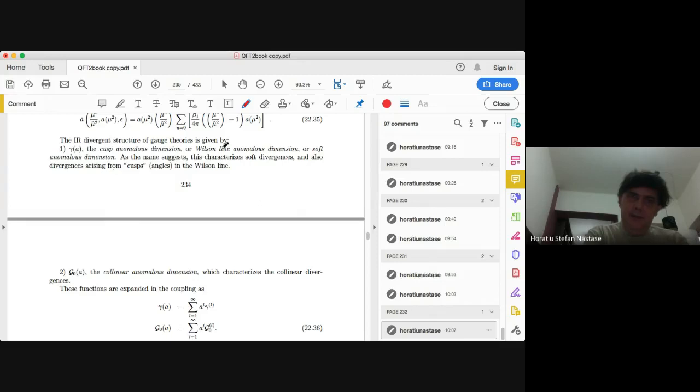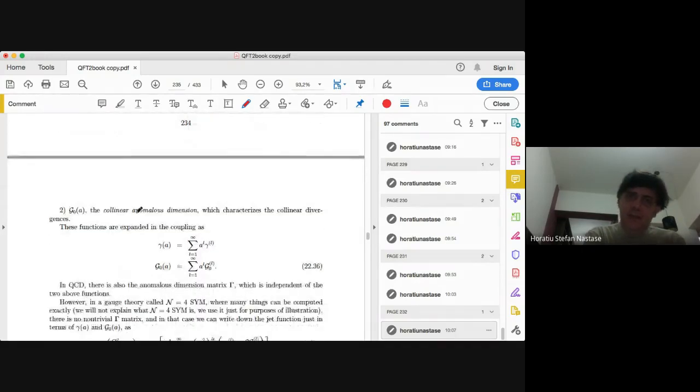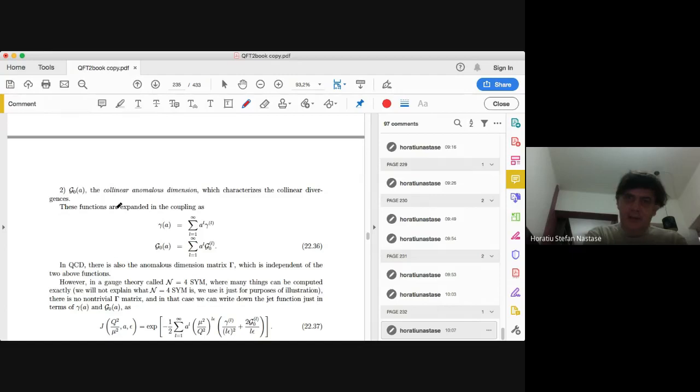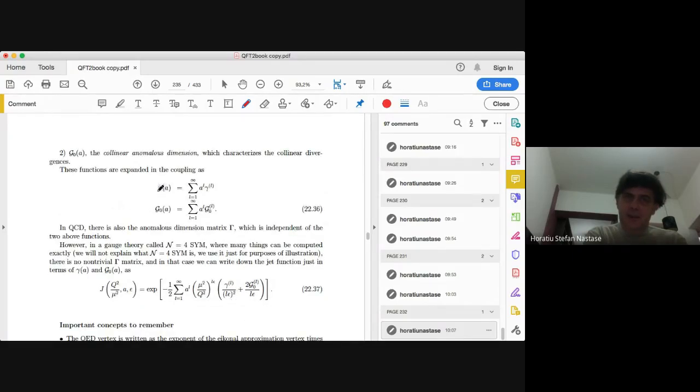As the name suggests, this anomalous dimension defines soft infrared divergences, which happen to also be anomalous dimensions related to Wilson lines, more specifically to cusps or wedges or angles in the Wilson line. And then there's another anomalous dimension, the collinear anomalous dimension, which characterizes the collinear divergences. And these anomalous dimensions, again, can be expanded in the coupling in A.